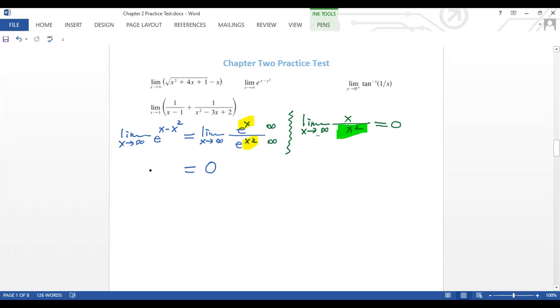Like the last few, it's a little tricky, so we need to be a little bit careful. Okay, so now let's take a look at the limit as x approaches 0 from the right-hand side of the arctangent of 1/x.